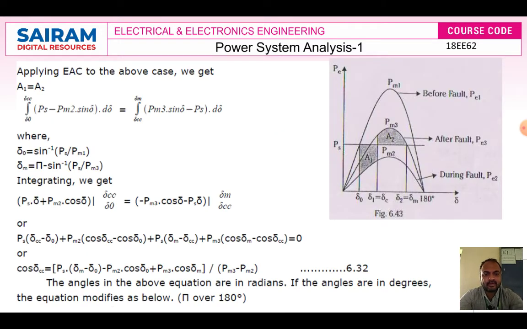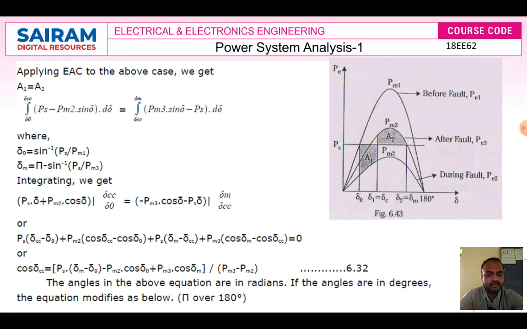Here we can see before the fault, during the fault and after the fault, how the powers and the angles change. Applying EAC to the above case, we get A1 equal to A2. Here we can see delta naught, delta 1 and the different angles. The angles in the above equation are in radians.